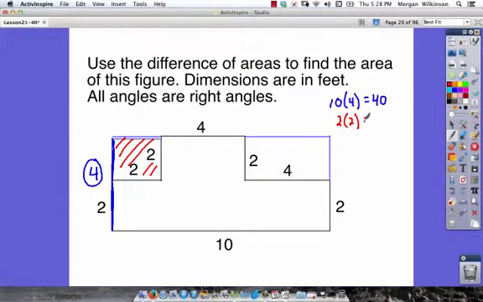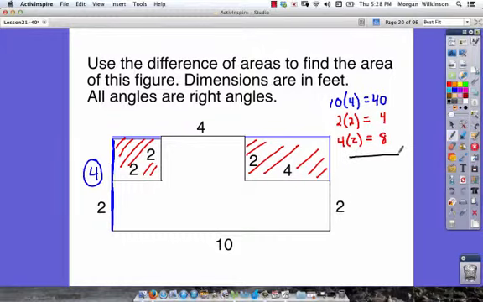So we're going to take that away from 40. But before we take that away from 40, we also have to take away our other piece. This other piece that we want to take away to find area as a difference, well, the length is 4 and the width is 2. So we've got 4 times 2. And that's equal to 8. So to find area as a difference, we're going to subtract.